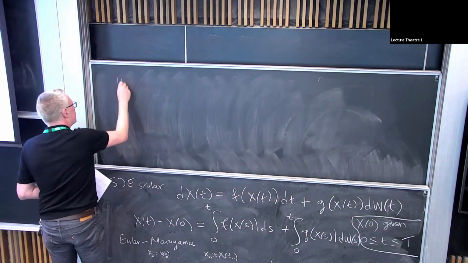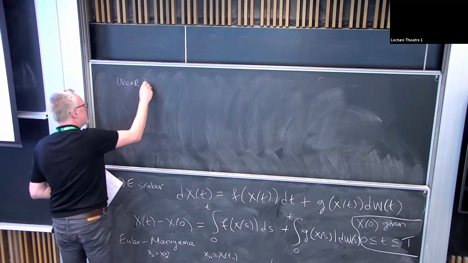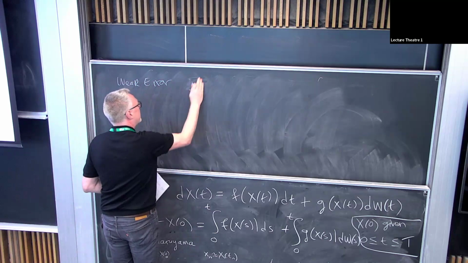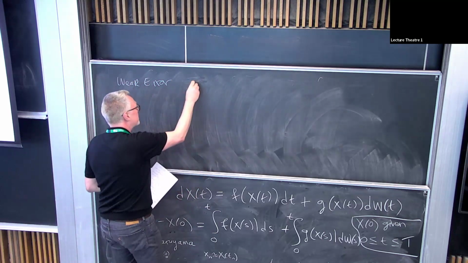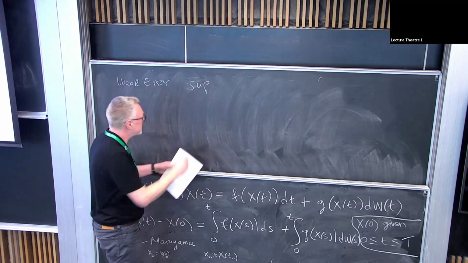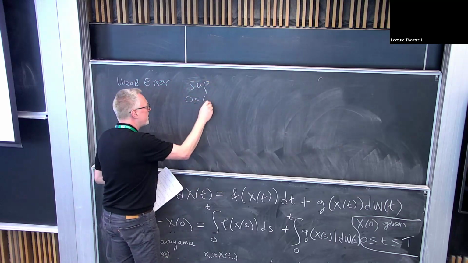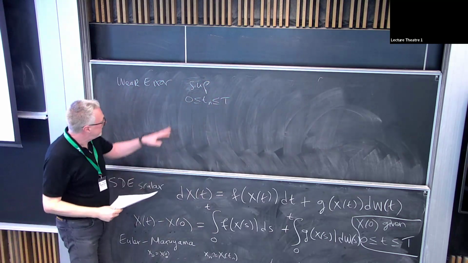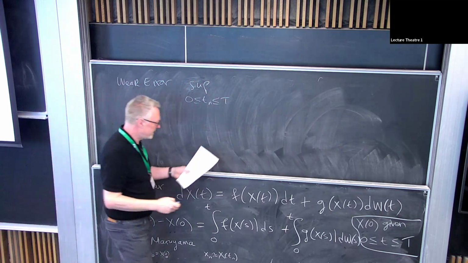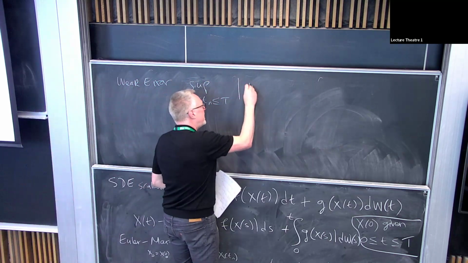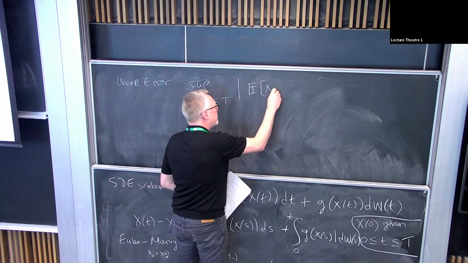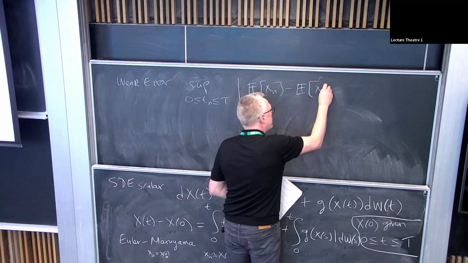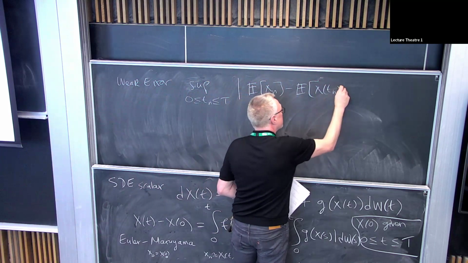Well, we can look at the weak error. The weak error is going to be the worst over all the time steps of, in this case, the error in the means. So we compare the mean of the numerical solution with the mean of the exact solution.